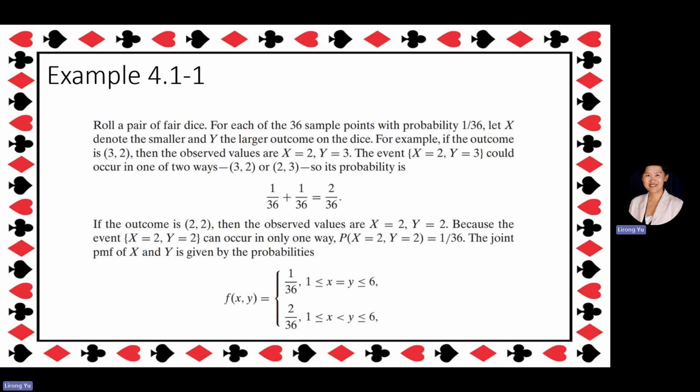The smaller is always called x, and the bigger one is called y. So naturally, x is smaller than or equal to y. So we are going to try to find out the relation between x and y.